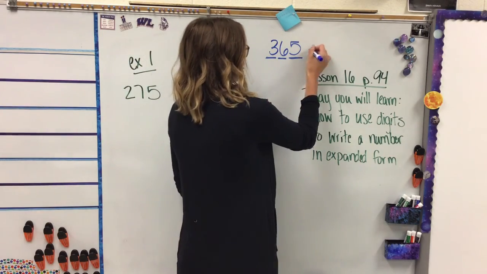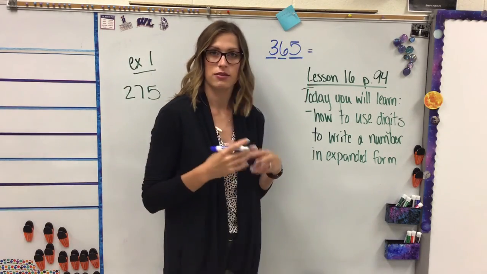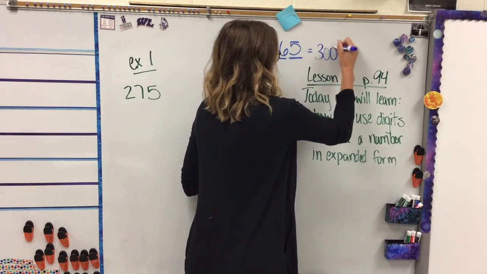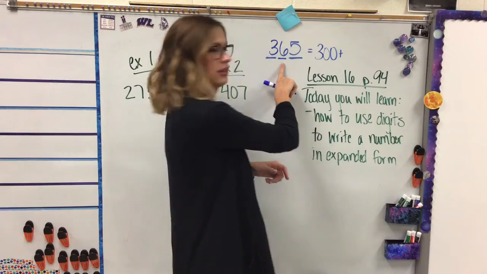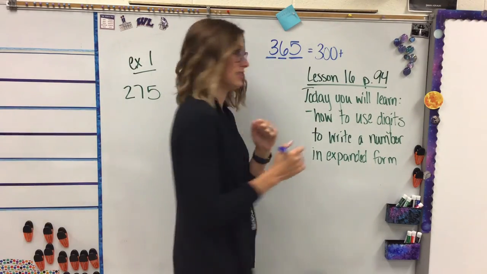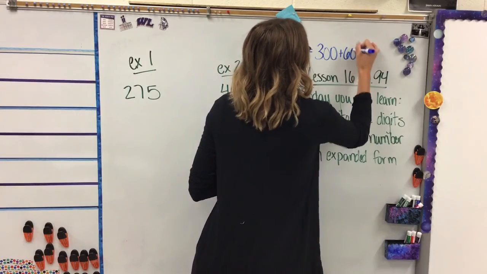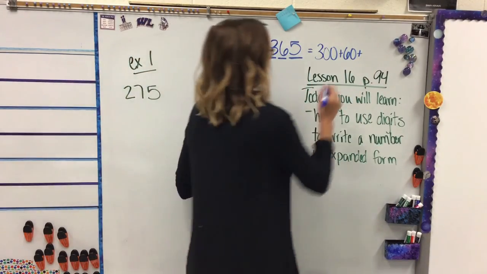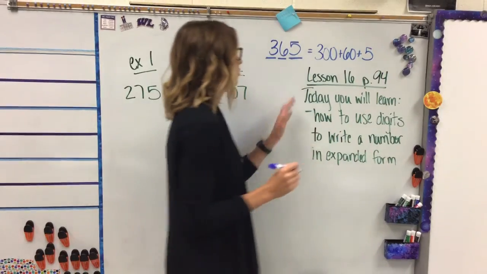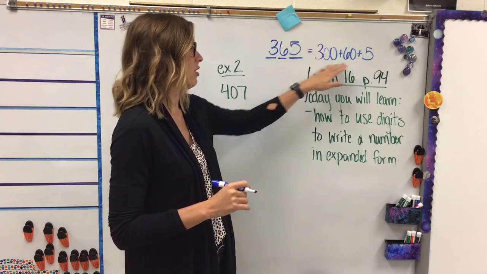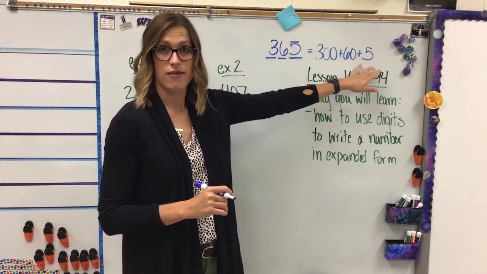So a 3 in the hundreds place means 300. Plus a 6 in the tens place means 6 tens, which would be 60. Plus a 5 in the ones place, which would just be 5. So 365 in expanded form is going to be 300 plus 60 plus 5.